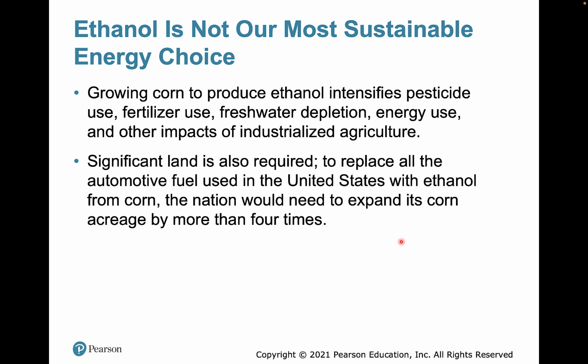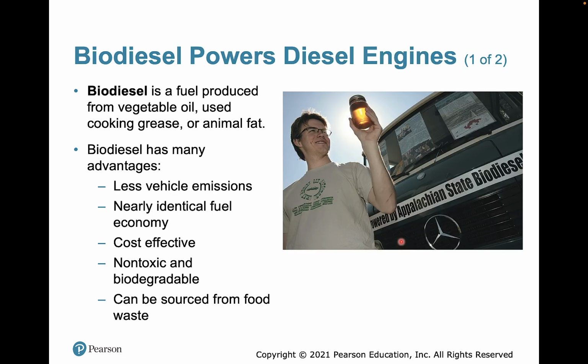And it takes a whole lot of land. We would need to expand our corn acreage if we were to move to ethanol in the United States by 4 times. So that's quite a bit of additional land dedicated to ethanol, growing corn for ethanol.